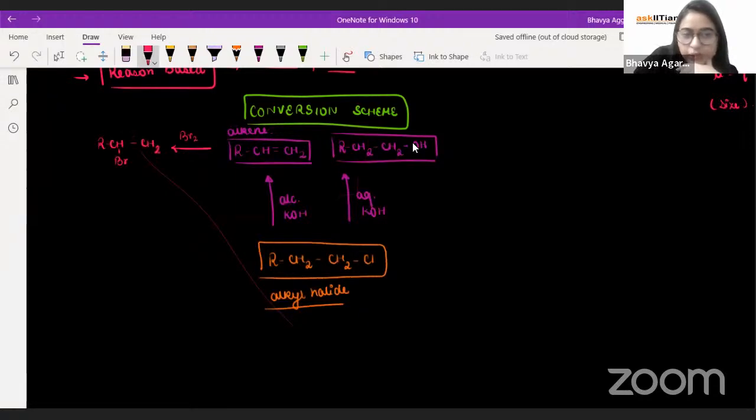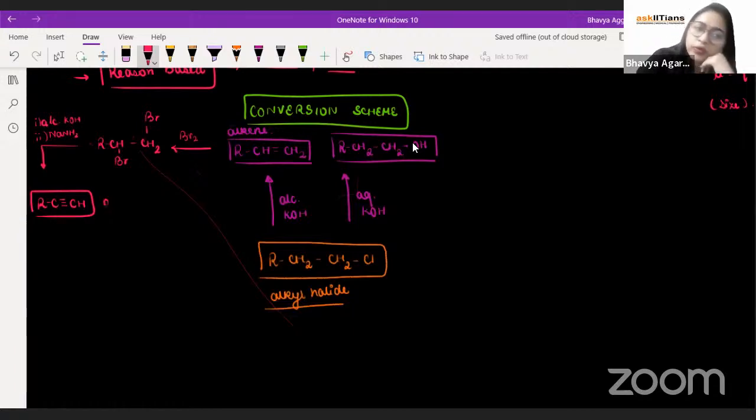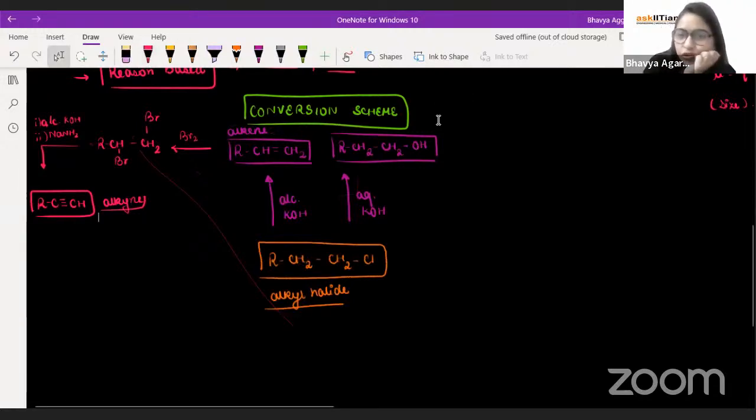This vicinal addition will be an anti-addition. And this, when further treated with alcoholic KOH in the presence of NaNH2 or sodium and liquid ammonia, then I can get an alkyne too. So this is a further usage. I can convert it into a different substituent.